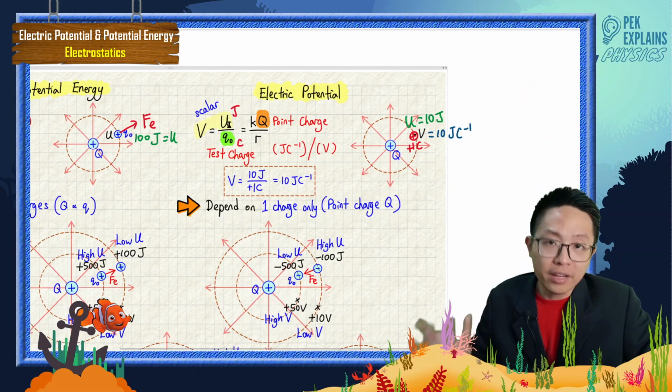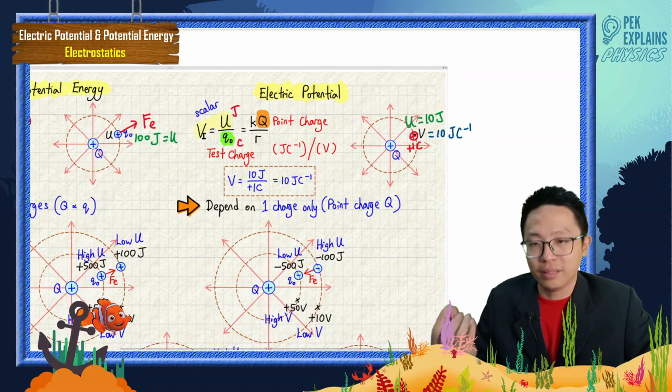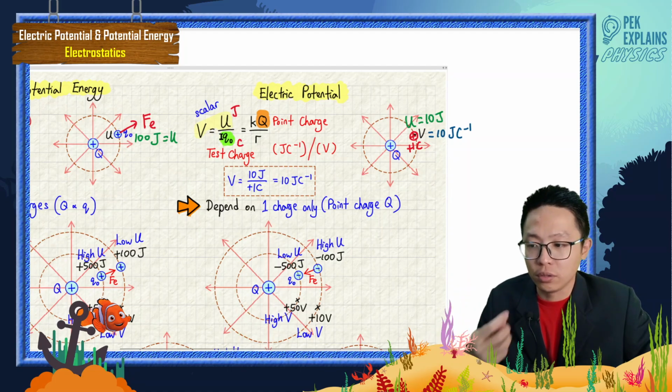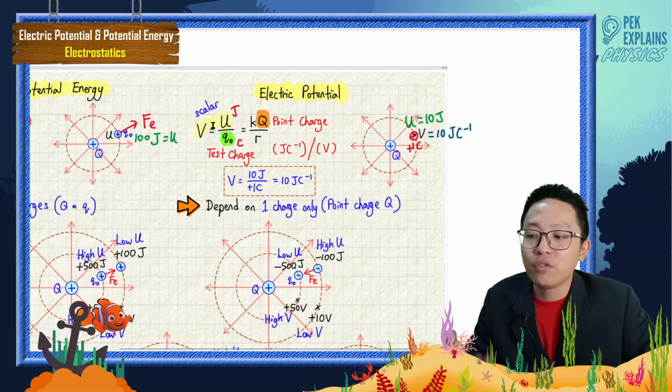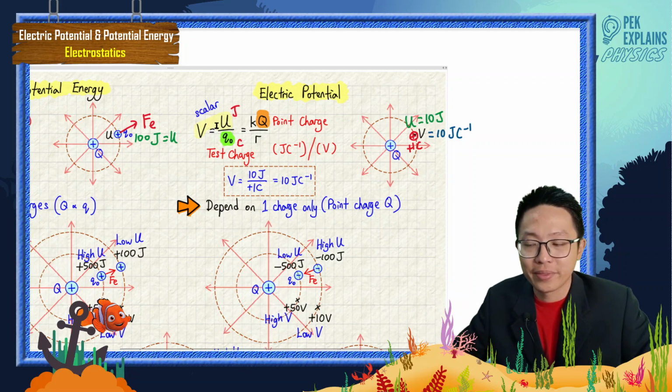So both are energy. Potential is actually energy for 1 coulomb. Potential energy is actually energy. So both of them are energy, and both of them are scalar quantities. Understand that? Both of them are the same thing.